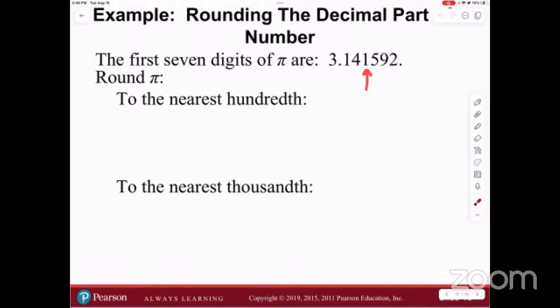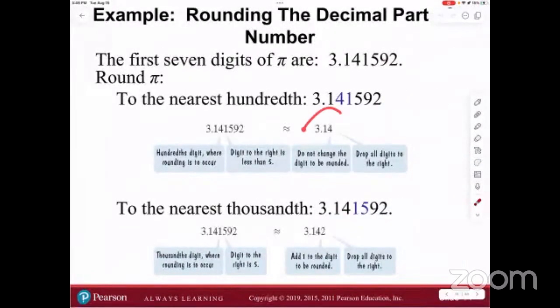So we said 3.14 and 3.142. Here's 3.14, here's 3.142. Not too terribly bad so far.